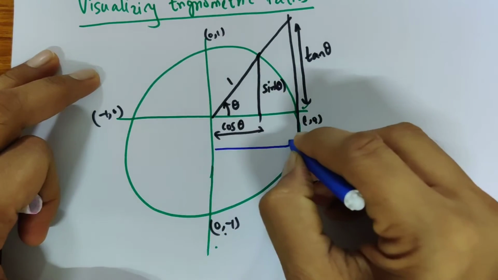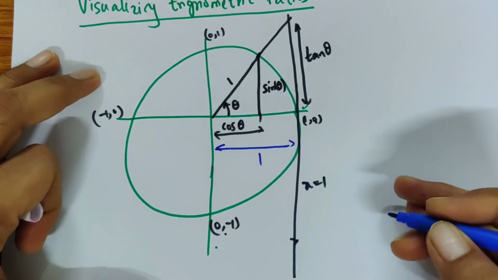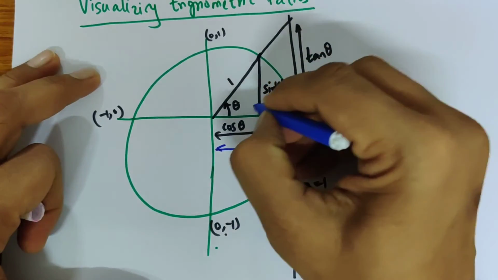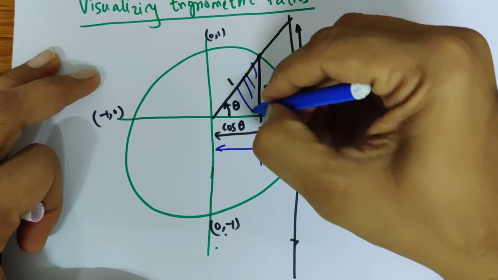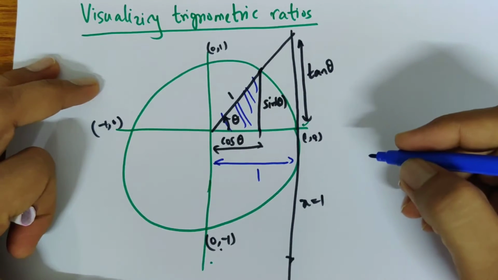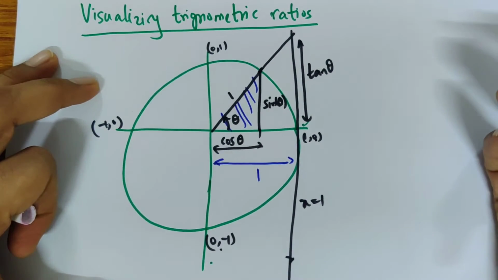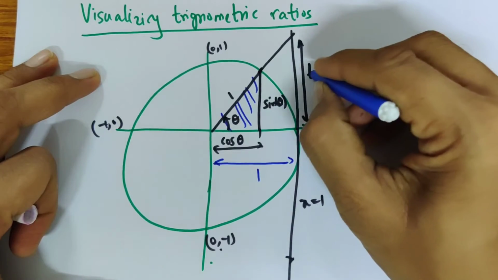So now this distance we know. What is this distance? 1. We only defined it. So this distance is 1. Now these two triangles have the same theta. So this smaller triangle and bigger triangle are similar triangles. That's its definition, right? So let's say we didn't know this was tan theta. So this is x.